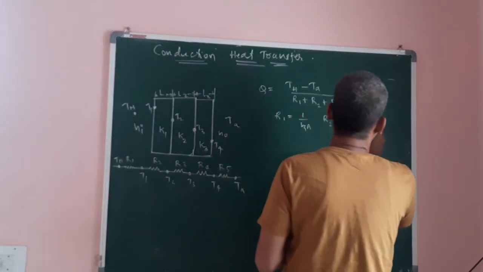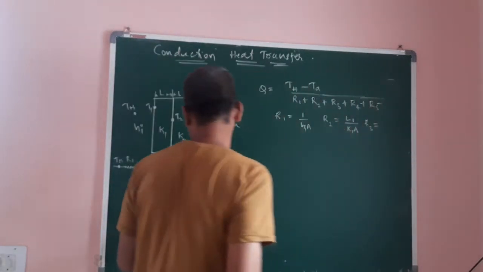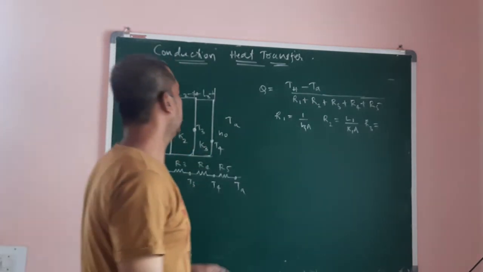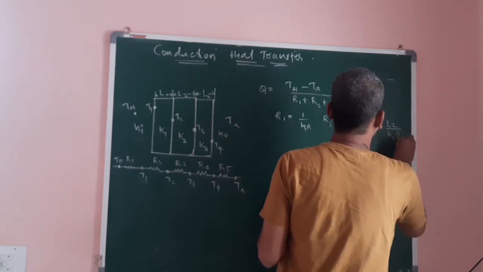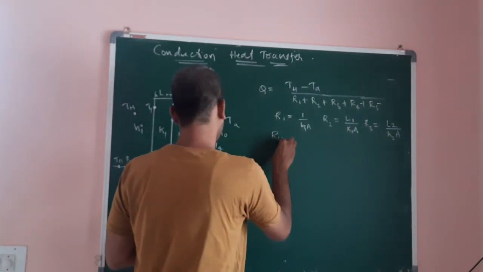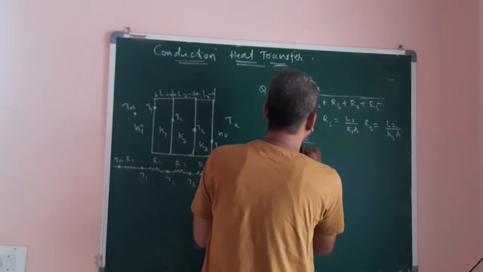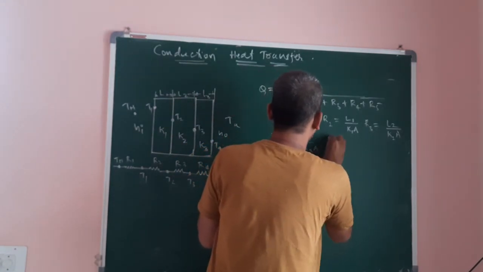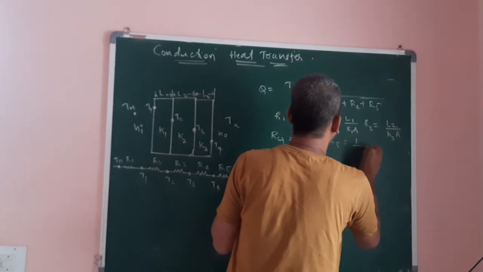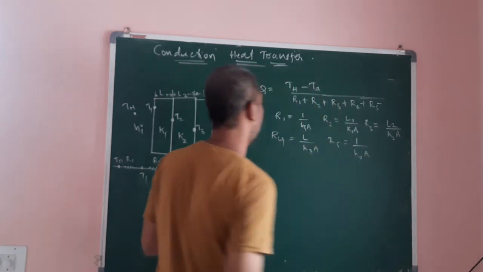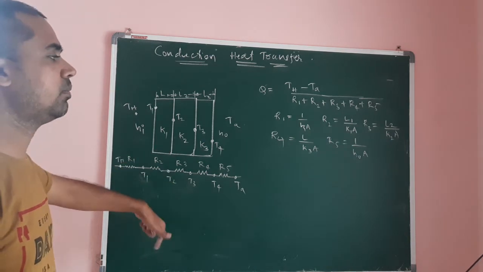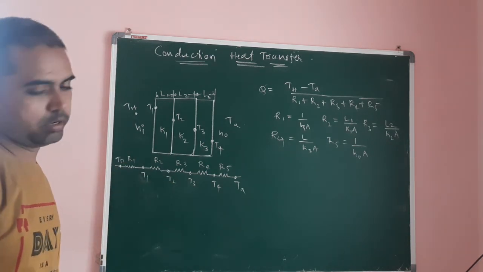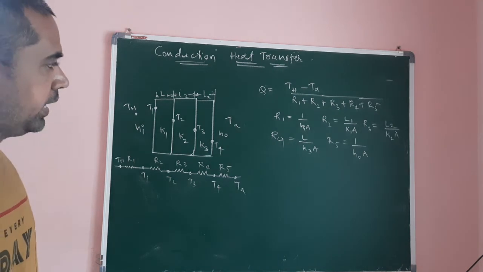Therefore, R3 is again conduction between T2 and T3, so it is L2 divided by K2 into A. R4 is equal to L3 divided by K3 into A. R5 is equal to 1 divided by ho into A. These are the five thermal resistances. If I take contact thermal resistance also, then they will also come into the picture.